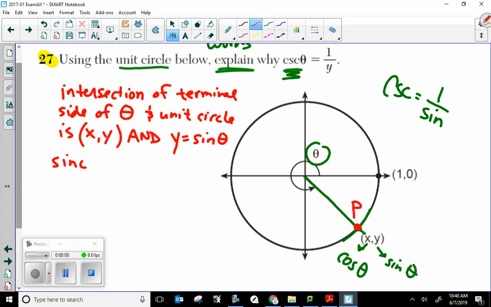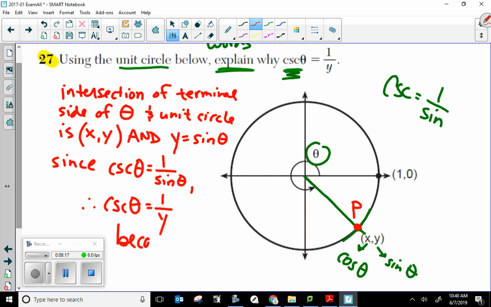And since cosecant of theta equals 1 over sine of theta, therefore cosecant of theta equals 1 over y, because, and this is redundant, but I'm writing it again, y equals sine of theta.